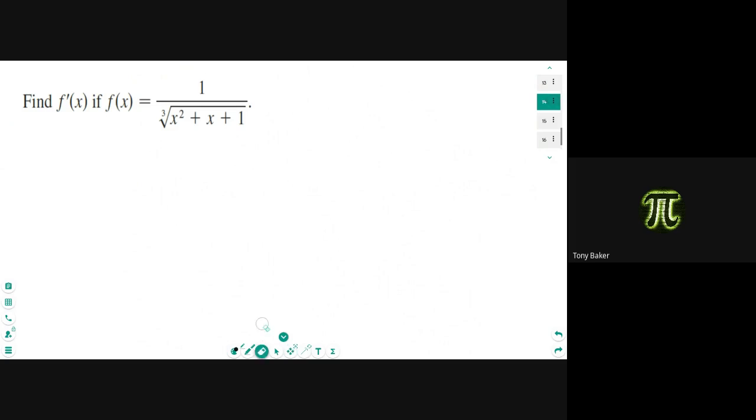You want to try this one? I'll give you one step that makes this a little easier. There. Now do the chain rule on that.